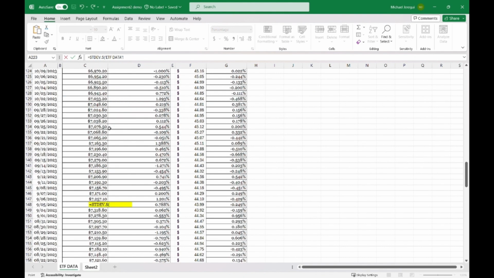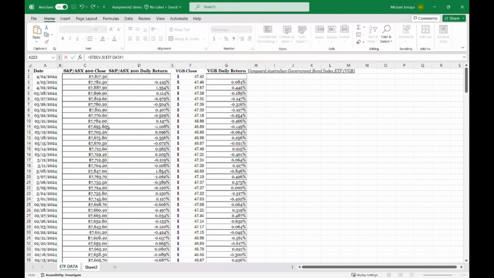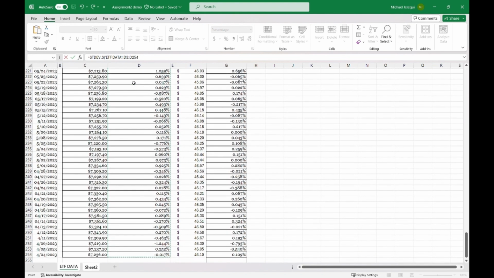Here you can see me going back on the sheet and highlighting the daily returns for the ASX. Clicking enter will get the answer.